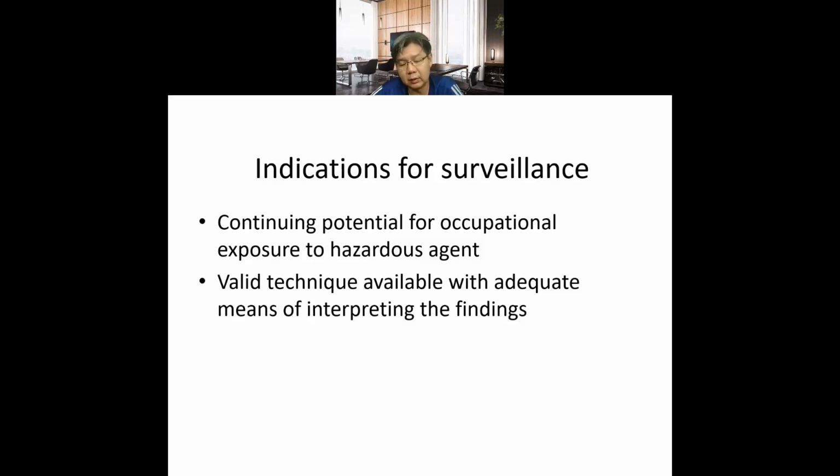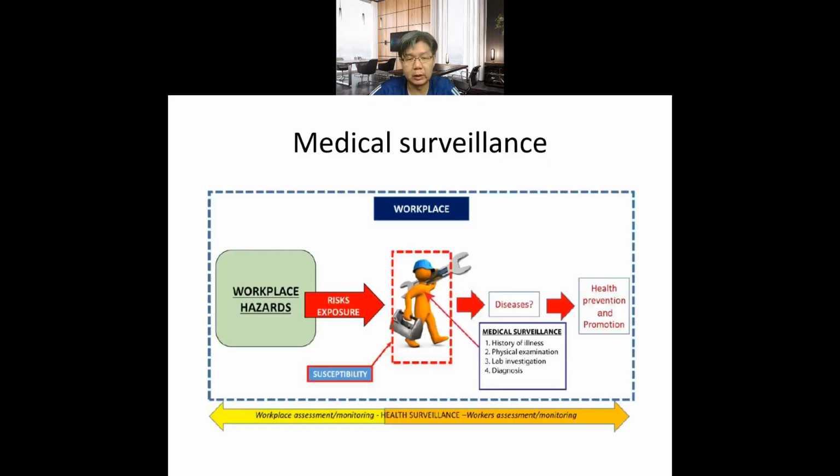Then only we can do this. If there's no way of detecting certain chemicals or no way of detecting the early illness, then we can't do that kind of medical surveillance.